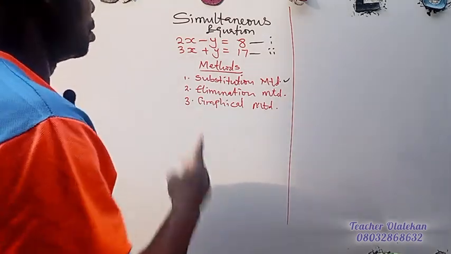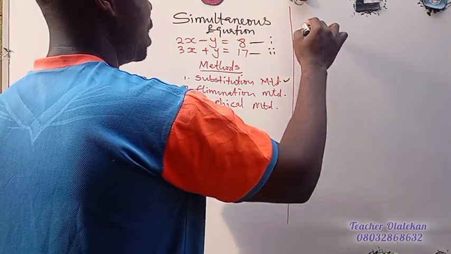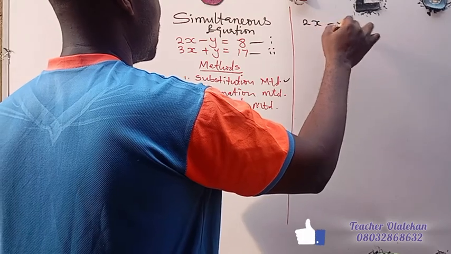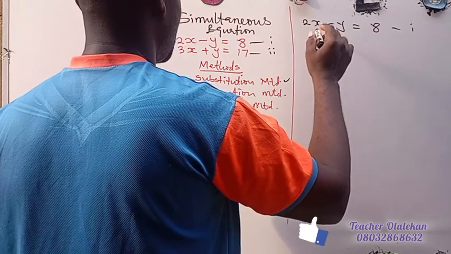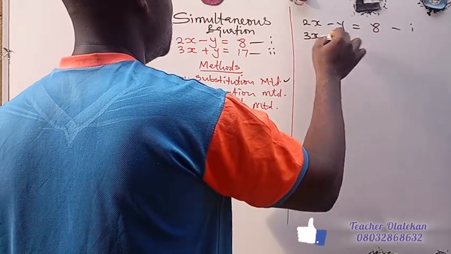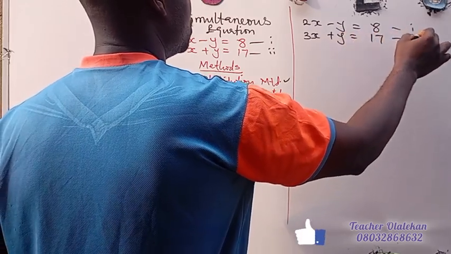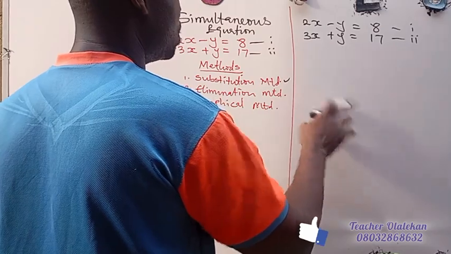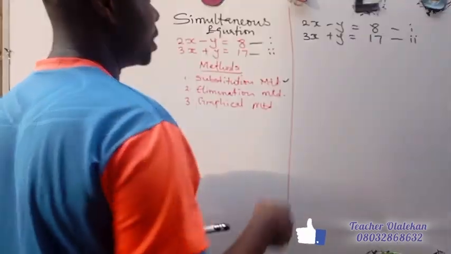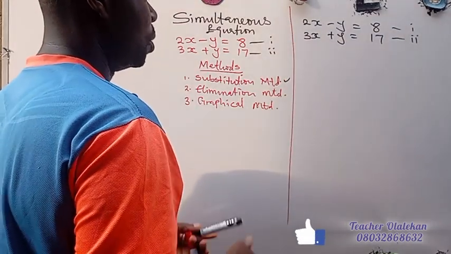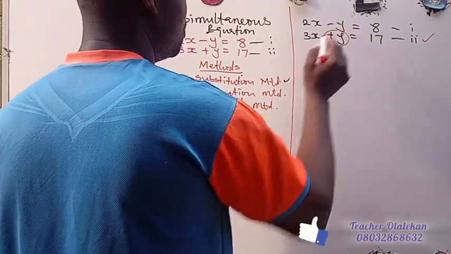Now let's start using our substitution method. We have 2x minus y equal to 8, that's our equation 1, and 3x plus y equal to 17, that's our equation 2. Using the substitution method, first we make one of the letters the subject in any of the equations. I will go with equation 2 because it has a positive y.